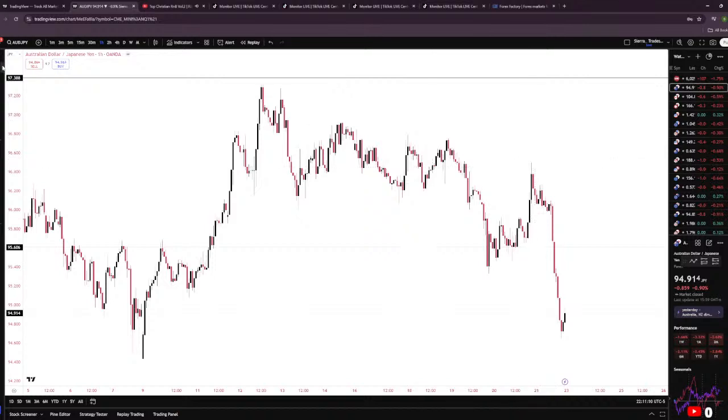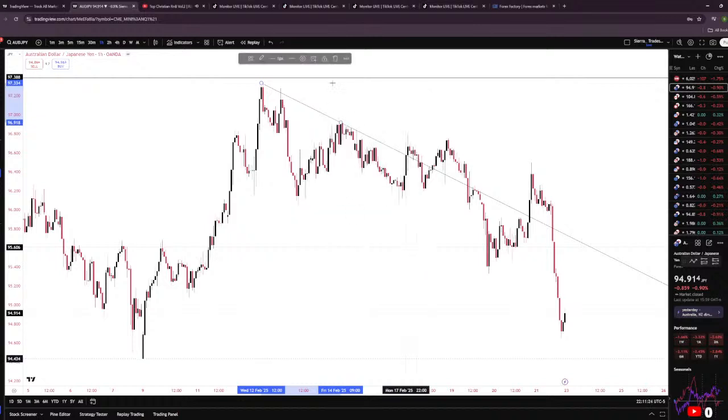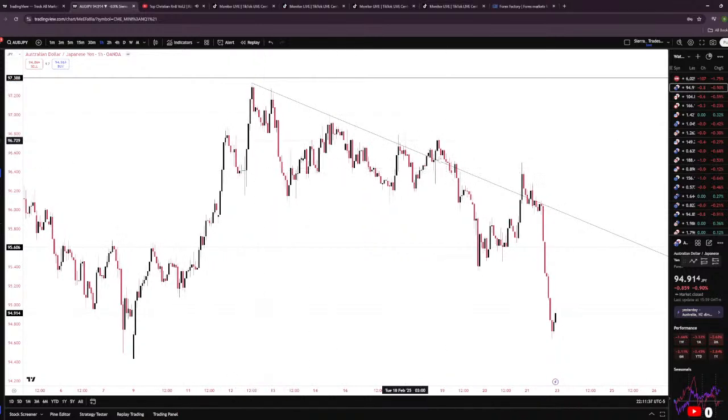And then price came up to this trend line. See how strong this trend line is?